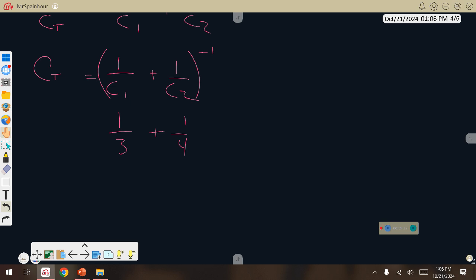Nope, because if you want to add these together, the first thing you're going to do is get a common denominator, which is going to be 4 twelfths and 3 twelfths. So you're going to get 7 twelfths, and then you're going to invert it. So are you going to get 7? No, you're definitely not going to get 7 in this case.